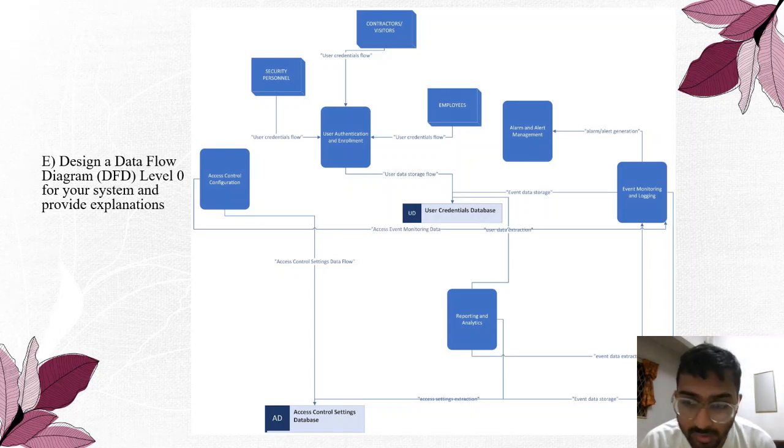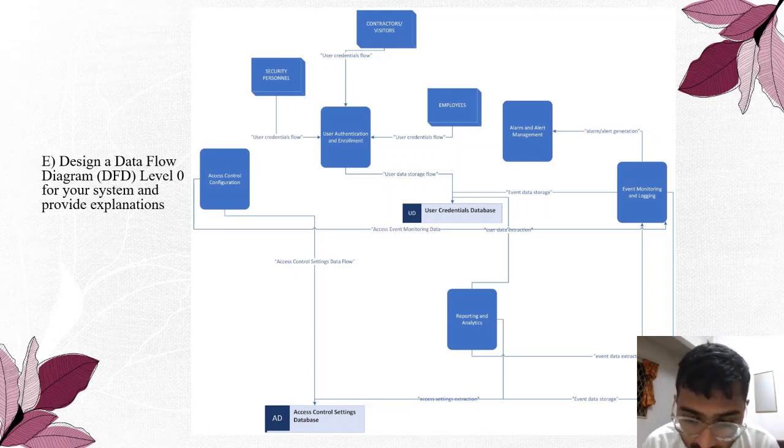Before the event monitoring and logging process, there is access control configuration, and the data from this process moves to the event monitoring and logging process. All the data then moves to the user credential database.